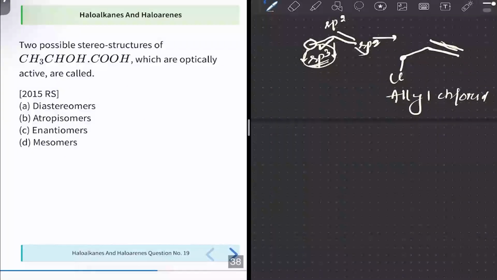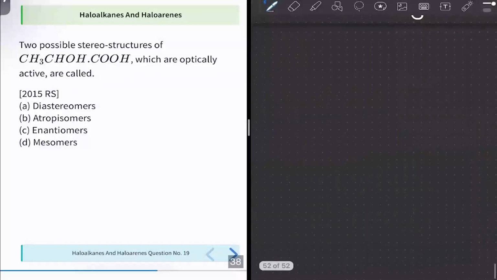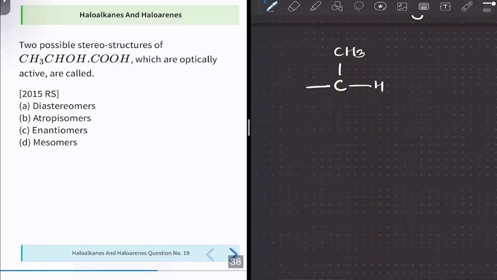Let's move to question number 19. Two possible stereo structures of CH3CHOH COOH, which are optically active, are called. So let's draw the structures: CH3, H, OH, and COOH. Is it a chiral compound?